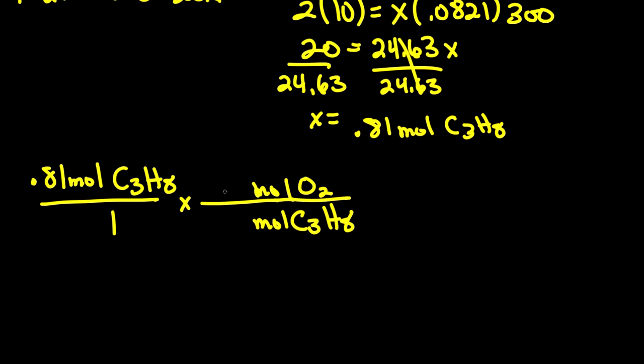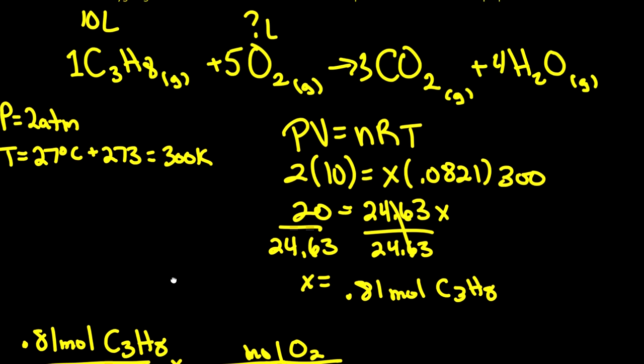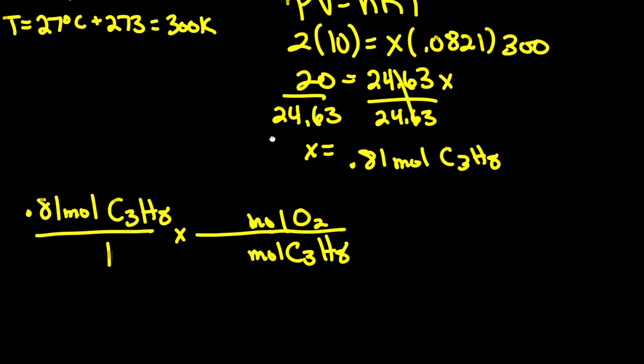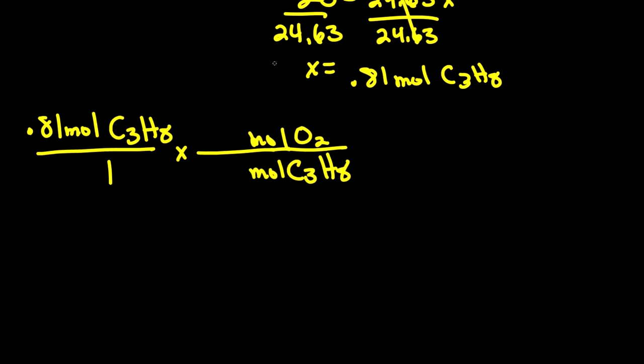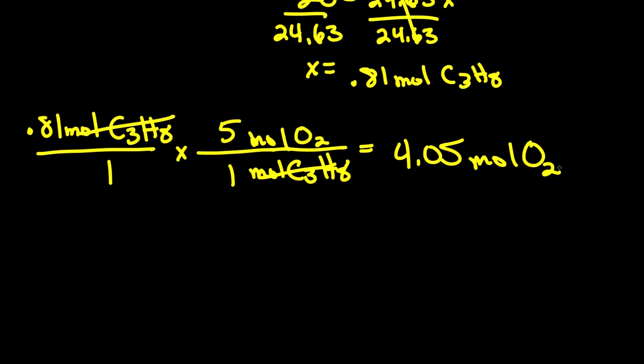We need some values here, so that's our balanced equation ratio. It's 1 propane for every 5 oxygens. That cancels moles of propane and gives moles of oxygen, but I can't set up another proportion since I got to use ideal gas law. So once I get this value, I'm going to stick it into PV equals nRT. So I got 0.81 times 5 divided by 1. That is 4.05 moles of oxygen gas.